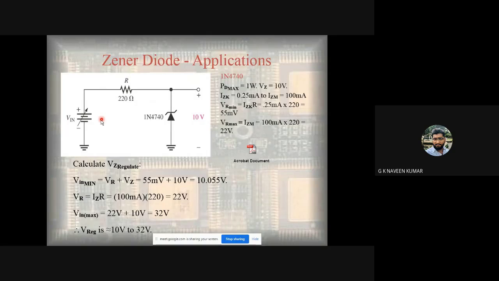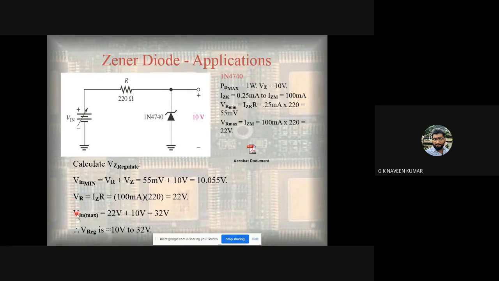Now, applying KVL, you will get the minimum input voltage and the maximum input voltage. The minimum input voltage occurs when the minimum drop and minimum current flow through the diode, whereas VZ remains constant for both. 10 volts plus 55 millivolts gives the minimum input voltage, 10.055 volts.